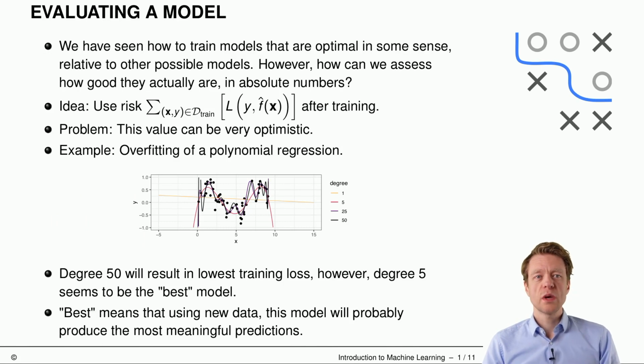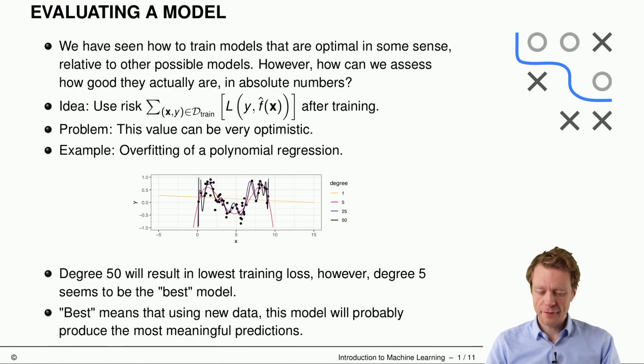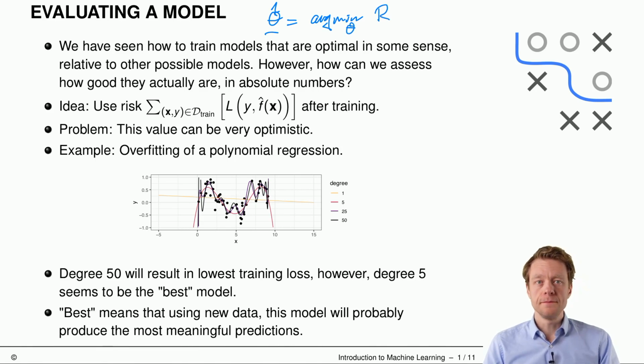In the last chapters we have already seen how to train models. These trained models are optimal in a relative sense, which means they are better than other models. For example, we used empirical risk minimization, so the best parameter vector was the argmin of some risk given some training data.